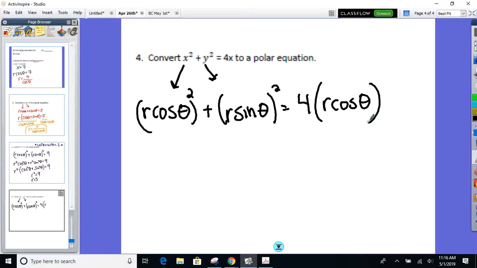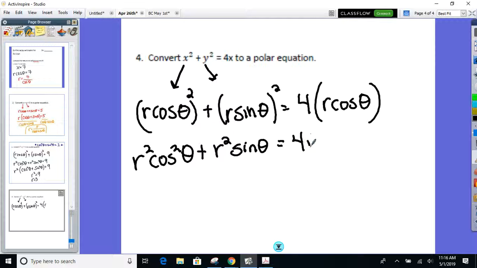I just showed you how to do the left side. So we square the R and the cosine, and we square the R and the sine. And now this will just be 4 R cosine theta. Nothing crazy has to happen there. All right, what are you taking out of the left side again? R squared.